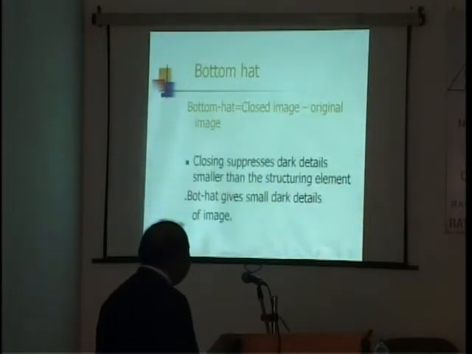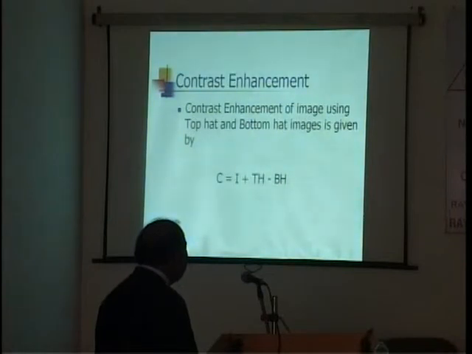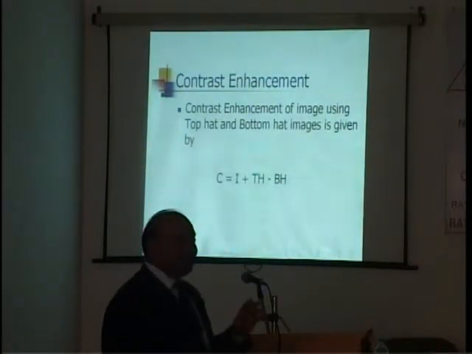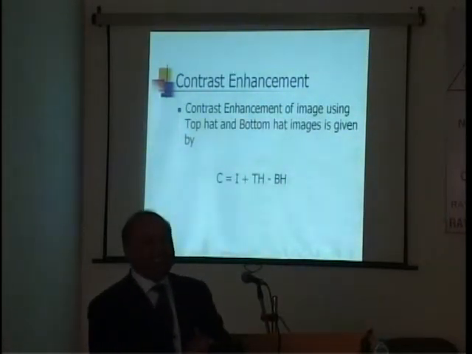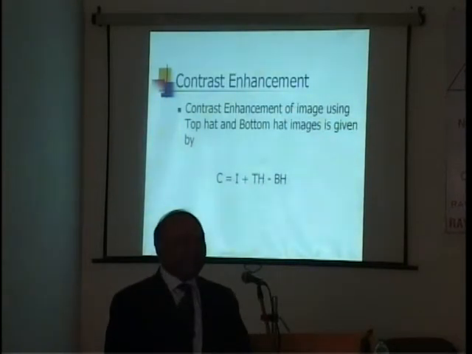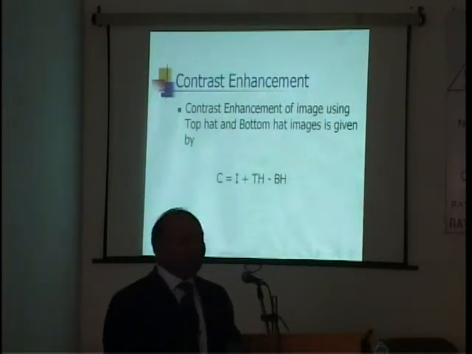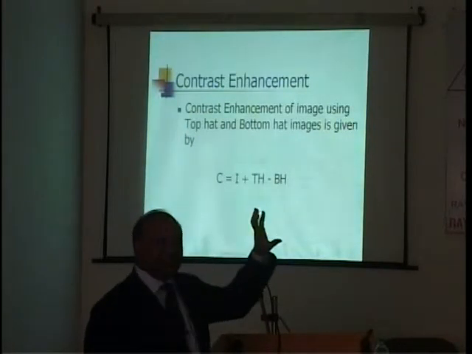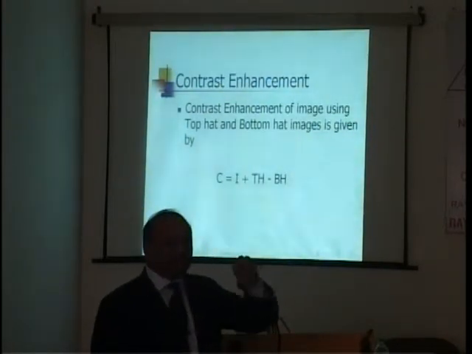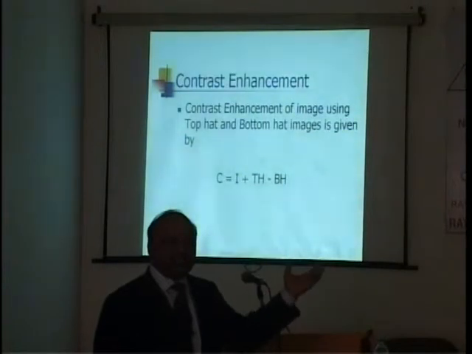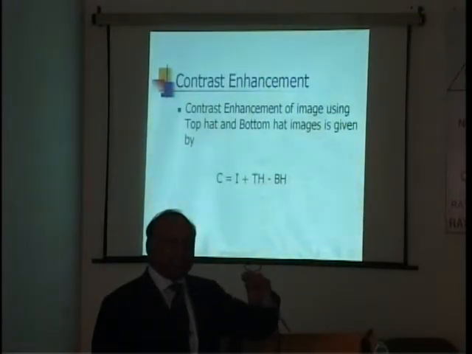So bottom hat, now contrast enhancement. I told you that by extracting small white dots and black dots, there may be some change in intensity. Now I take the original image and superimpose these white and black dots on it.